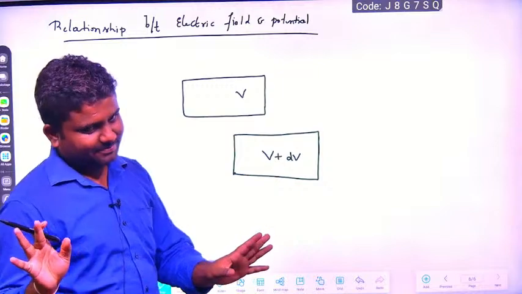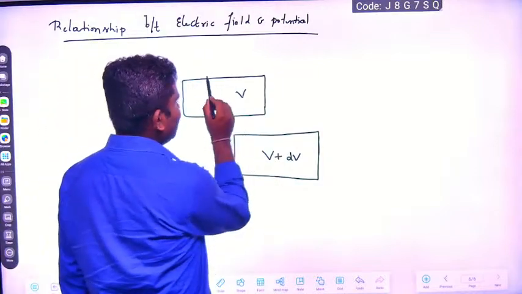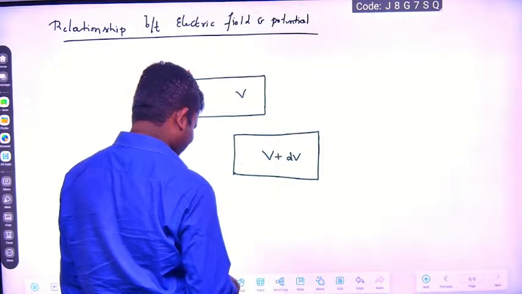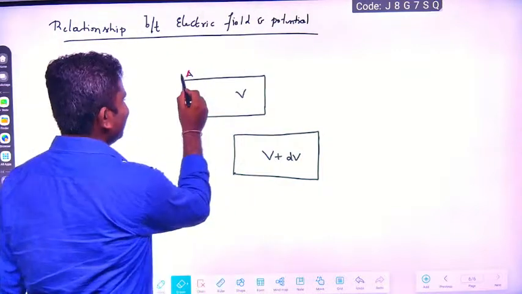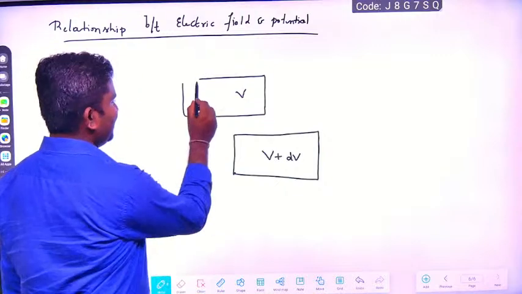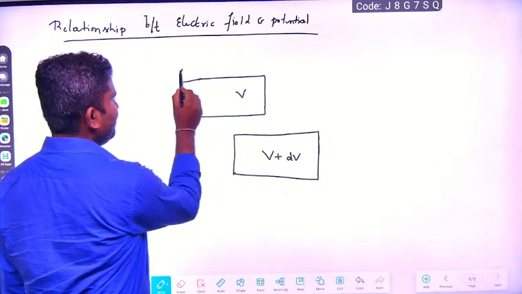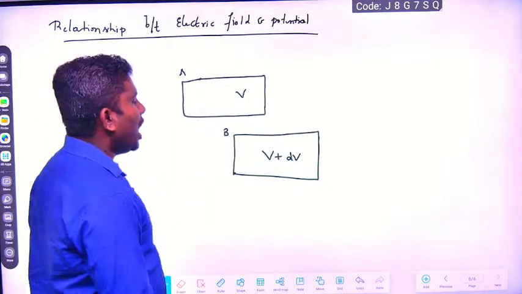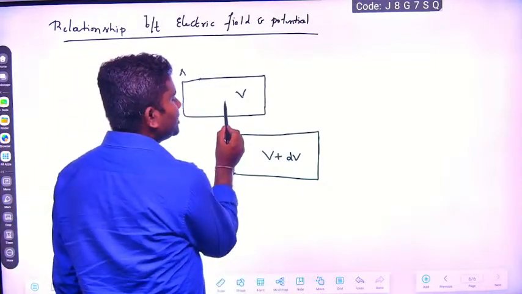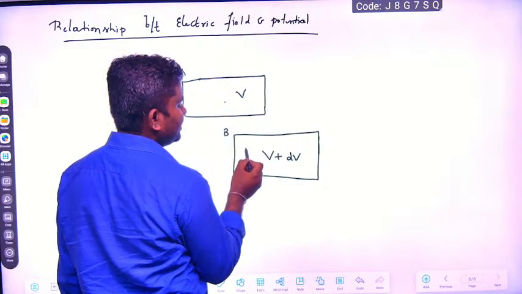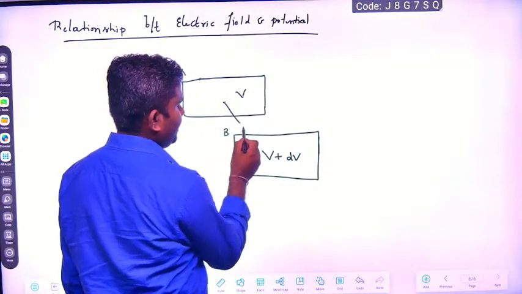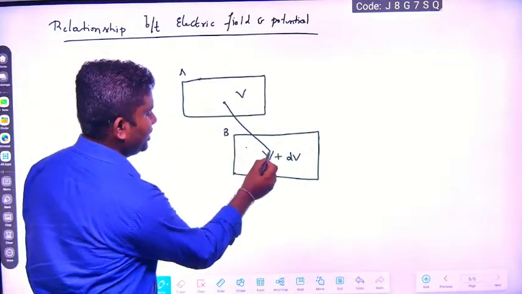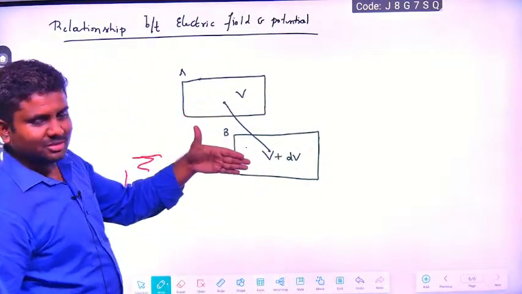I will name this surface A and this surface B. Now, what I will do, I will move one charge from this surface to this surface, like this.